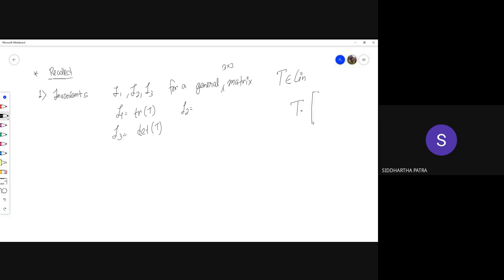for any general matrix, let's say n by n, so there would be T11, T22 up to Tnn. Now T can be both symmetric and skew symmetric. It doesn't matter.